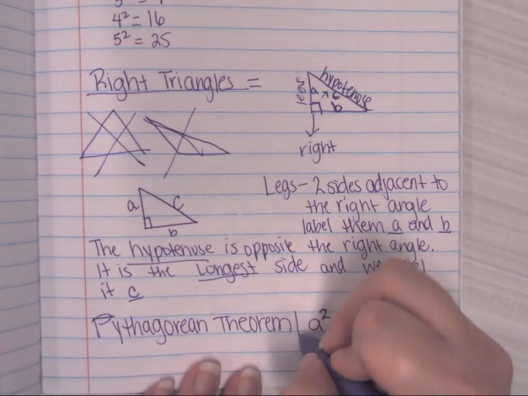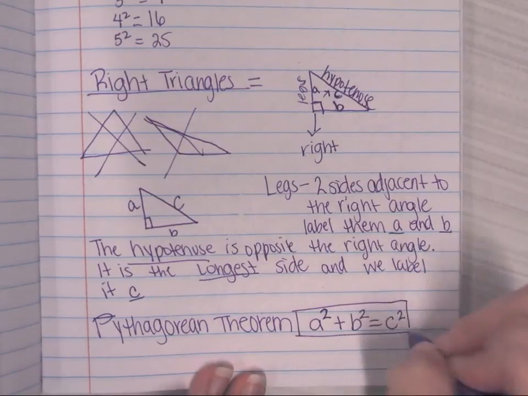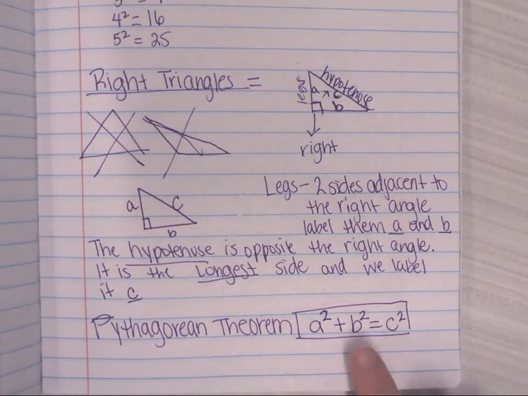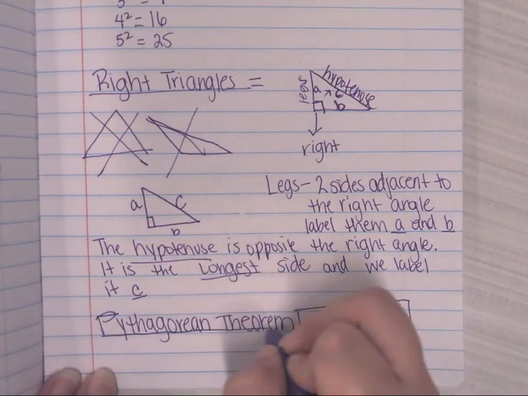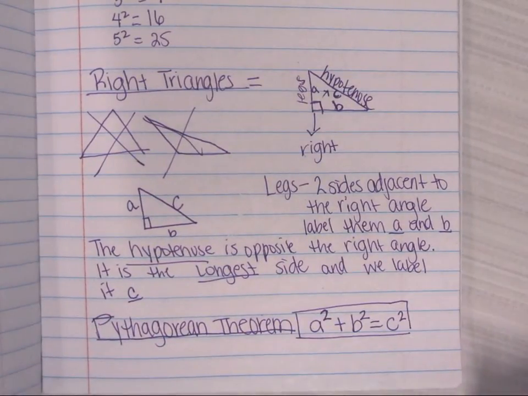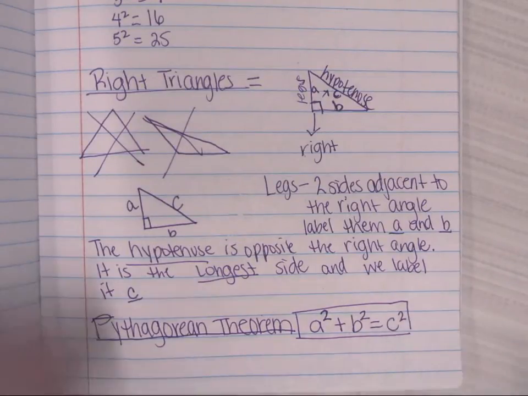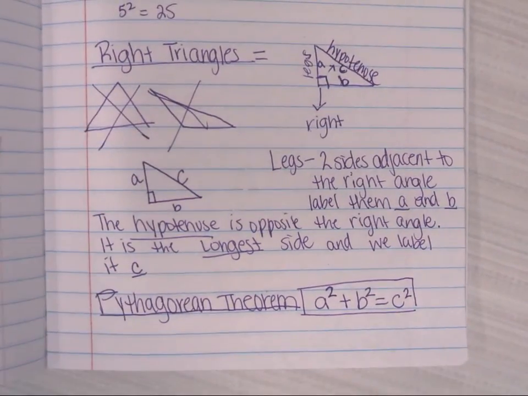So Pythagorean theorem says A squared plus B squared is equal to C squared.